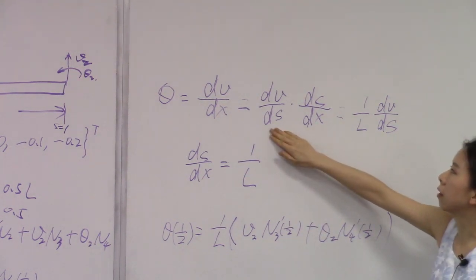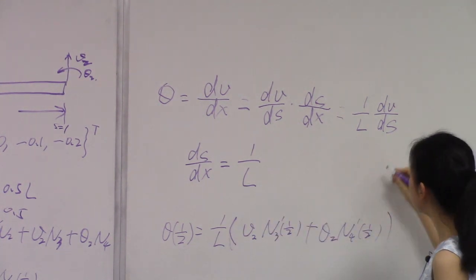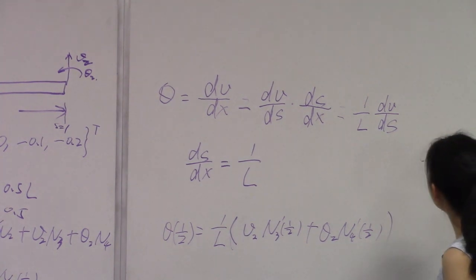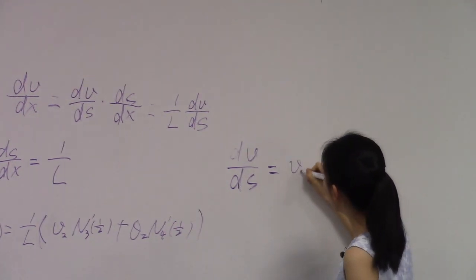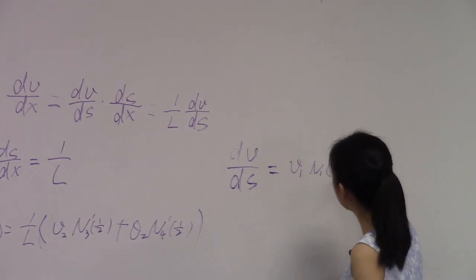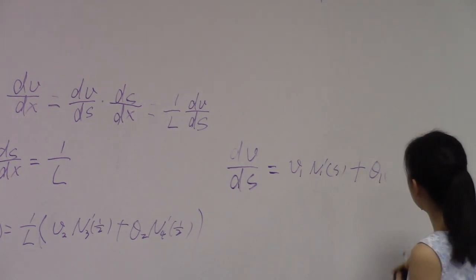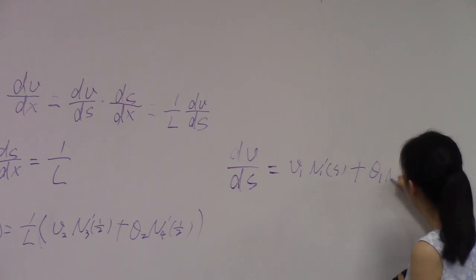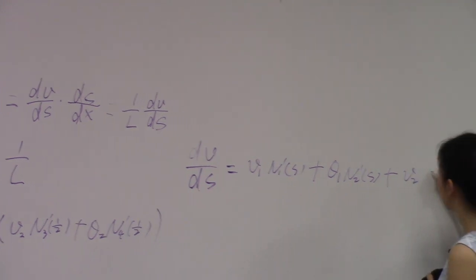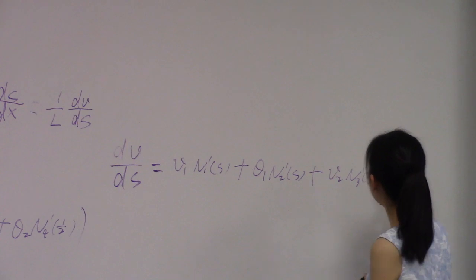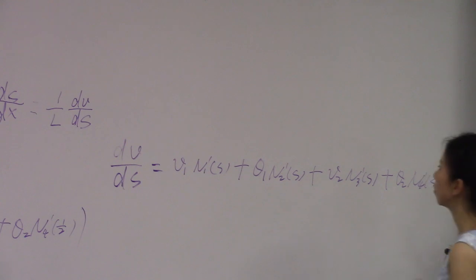For this part, dv over ds should be V1 N1 prime, theta 1 N2 prime, V2 N3 prime, theta 2 N4 prime.